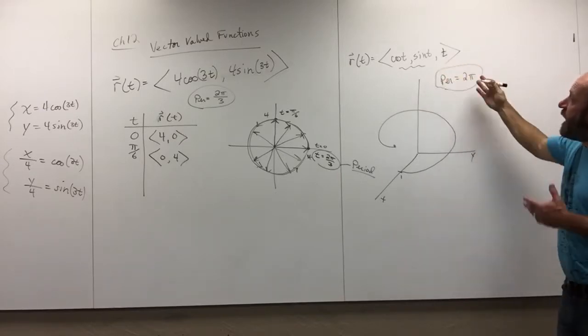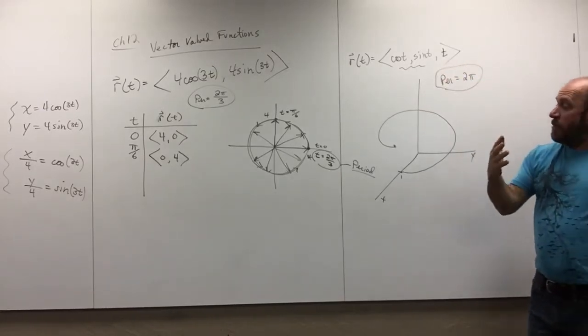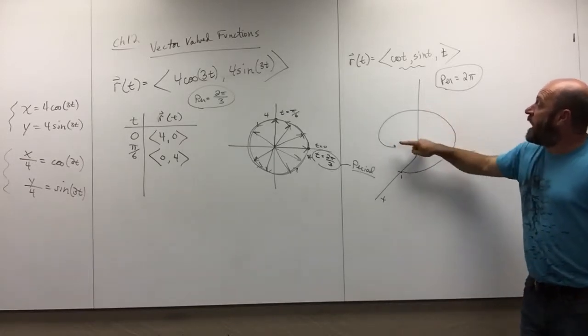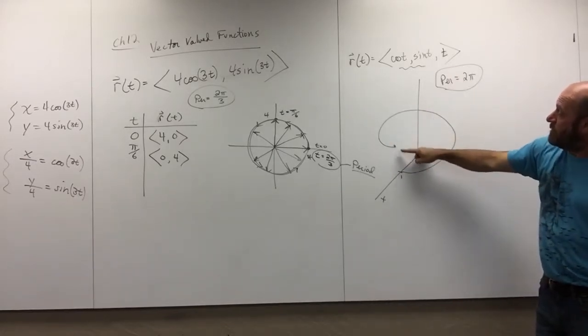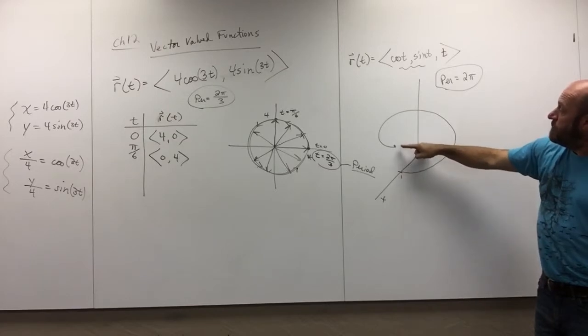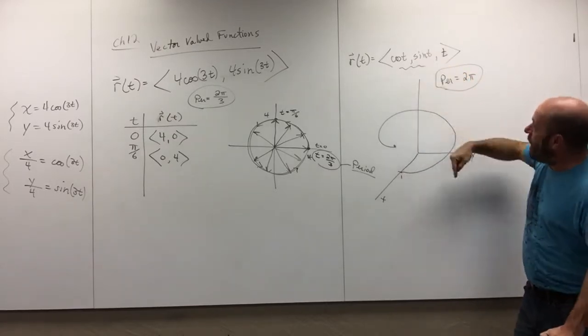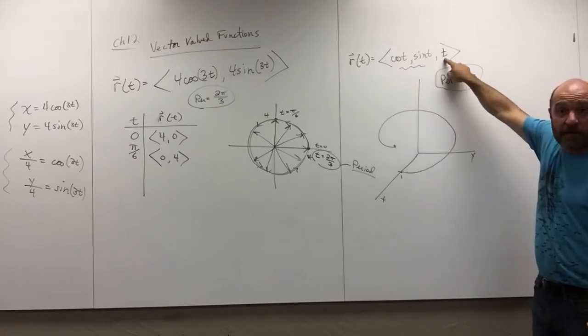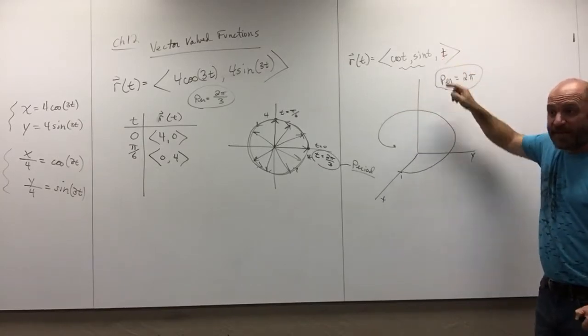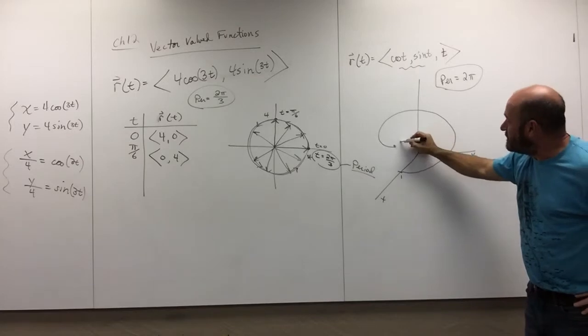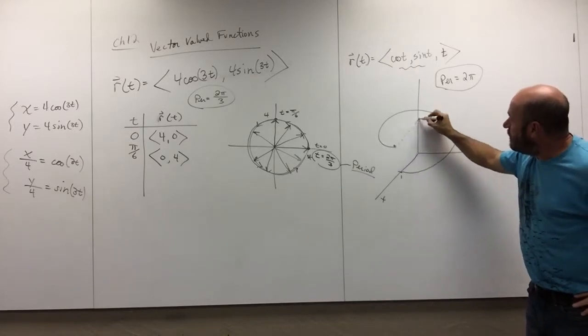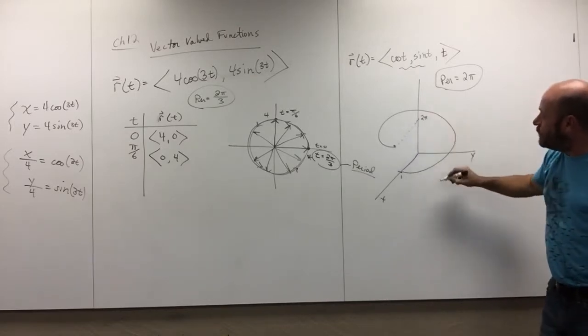If it took me 2 pi amount of t to go around one time, what would be my height right there? Good. If you plug in 2 pi, that brought you around one time, and your z would be 2 pi. So my picture is very misleading. That's a height of 2 pi.